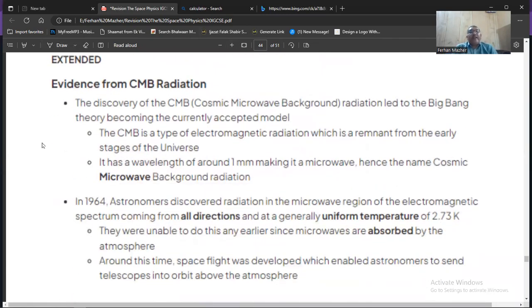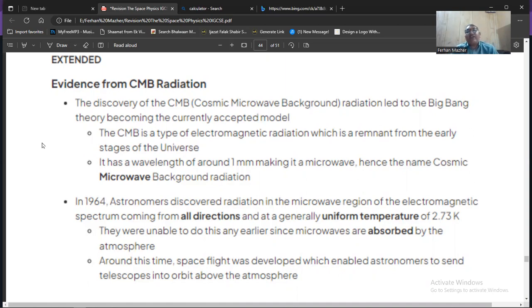Evidence from CMB radiation. The discovery of the CMB, cosmic microwave background radiation, led to the Big Bang theory becoming the currently accepted model. The CMB is a type of electromagnetic radiation which is a remnant from the early stages of the universe.